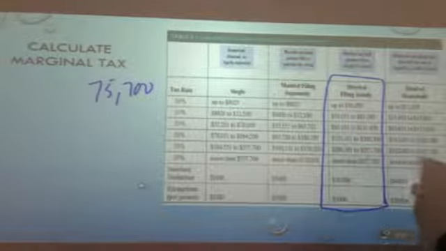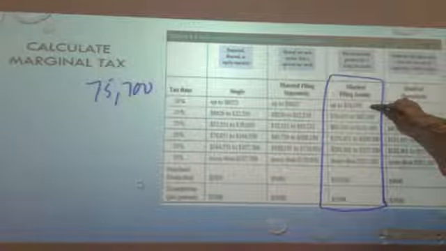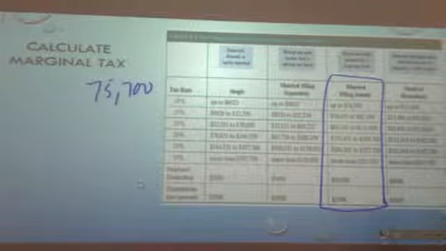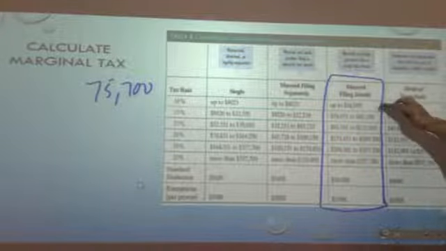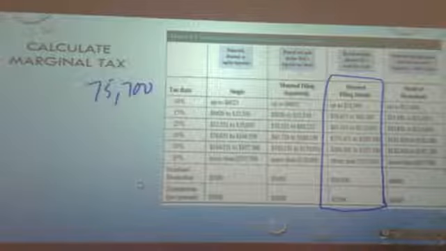And if you notice the table, if you only make up to $16,050, you only have to pay 10% of your income as tax. But Walt makes a little bit more than that with his wife, so we're going to have to look at several different columns until we get up to the column that maxes out with $75,700.